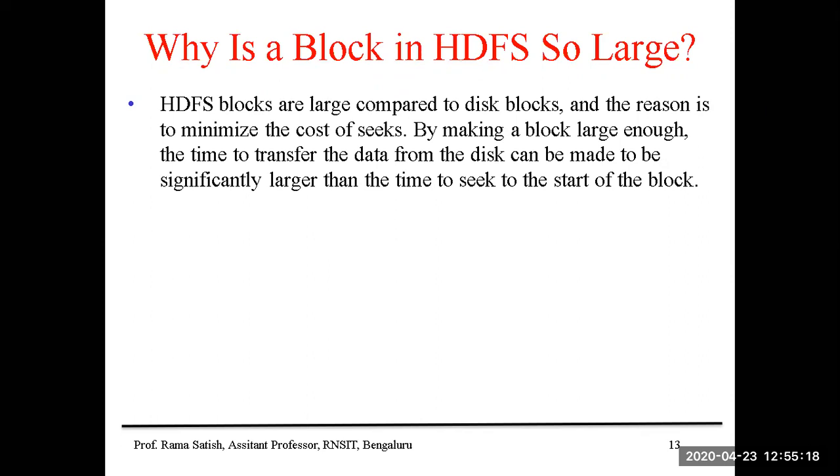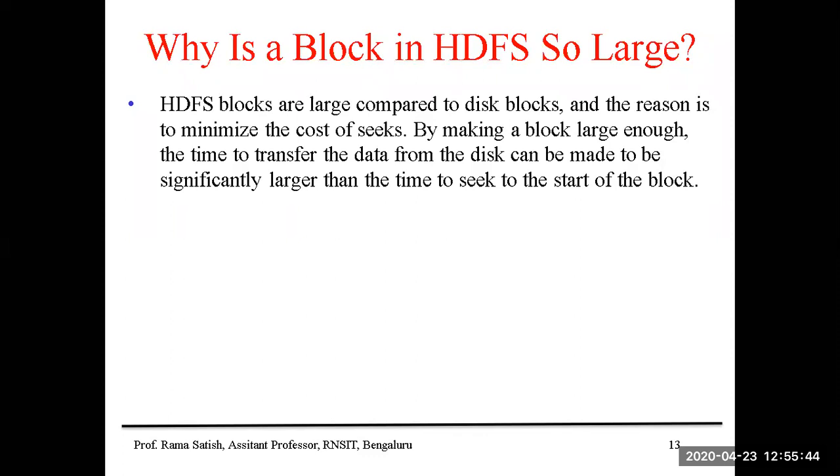The reason is to minimize the cost of seek time. Seeking is reading of the blocks. If you have small blocks, every time you read, a lot of time is spent in seeking, which creates a problem. Instead, you read the entire block at once.